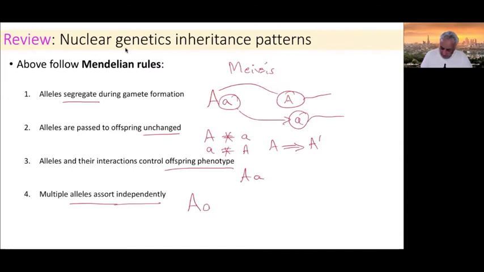Suppose we have a heterozygous condition for the A gene, and we also have a heterozygous condition for the B gene. So when this individual makes gametes, the gametes will contain at least one A, and let's assume it's the big A, then there's nothing to prevent either B allele from joining that particular gamete.